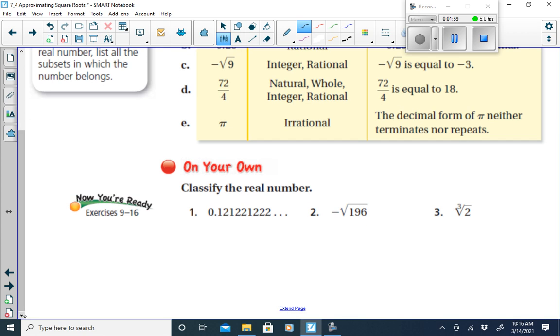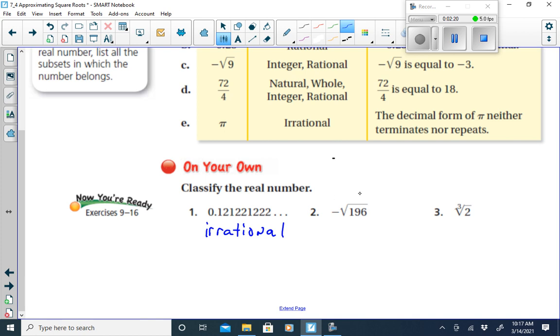So when we look at these examples here, this first example, we see that we have a decimal that does not terminate nor does it repeat. And if the decimal does not terminate or repeat, that is an irrational number.